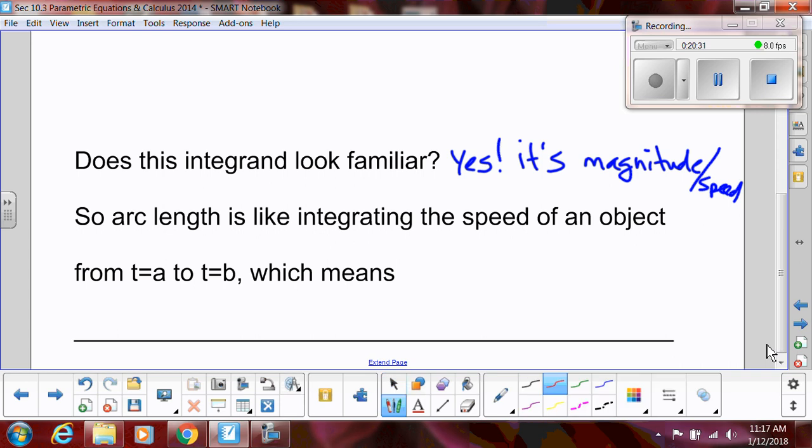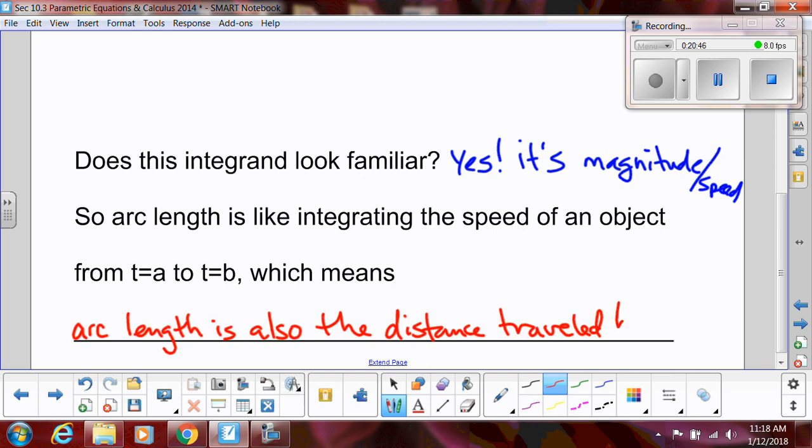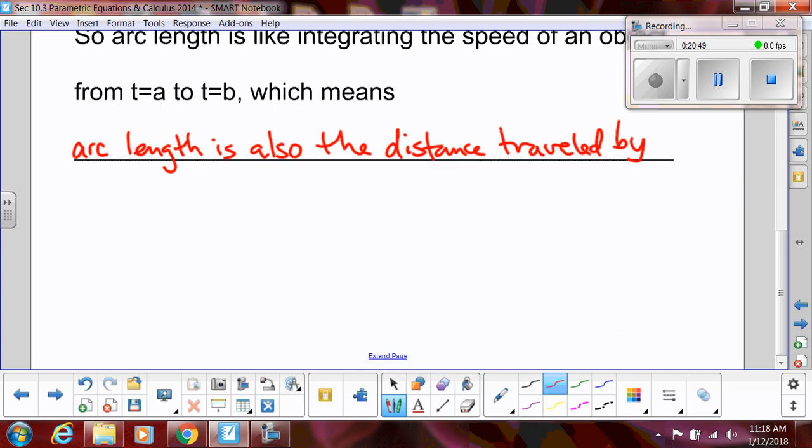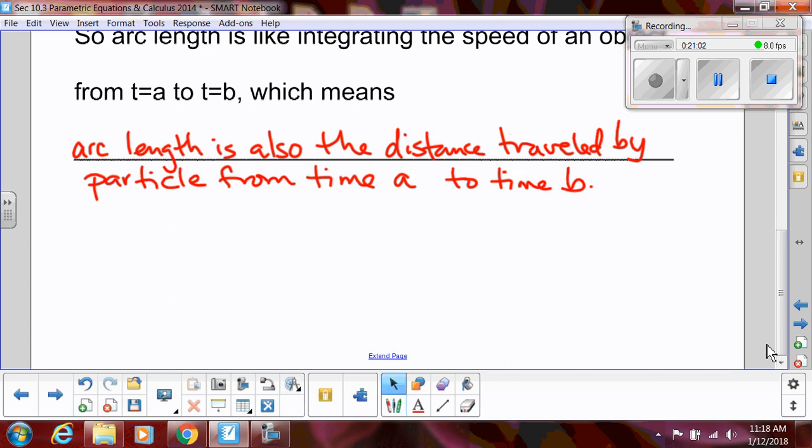Okay, so arc length is like integrating the speed of an object from A to B, which means that arc length is also the distance traveled by the particle from time A to time B. Okay, so the reason we're writing that out is because that would be a good AP free response kind of question.